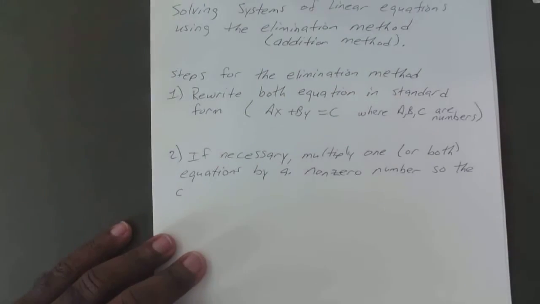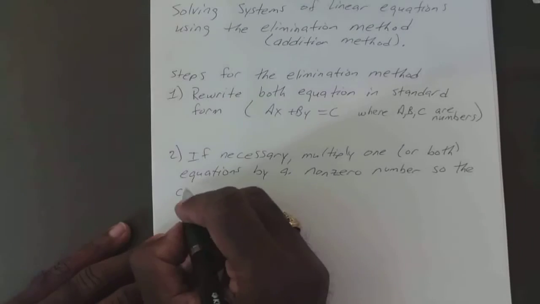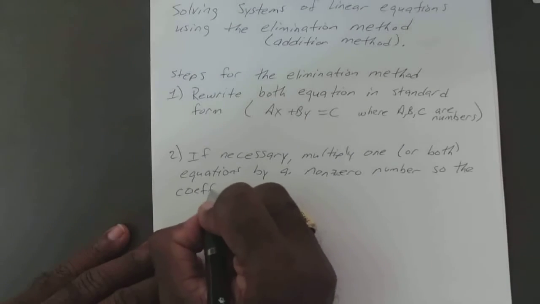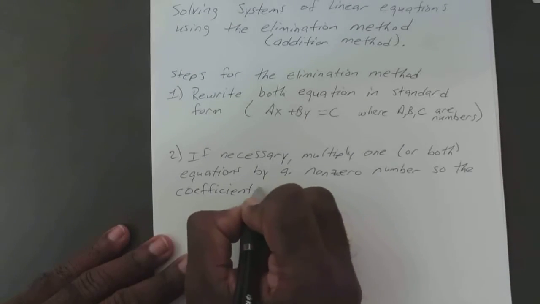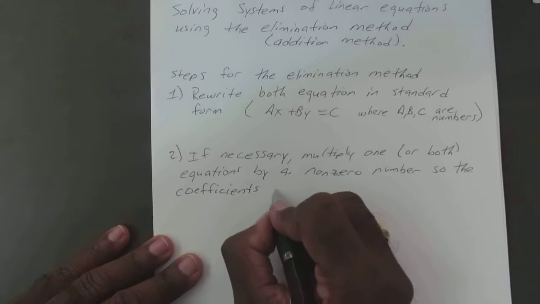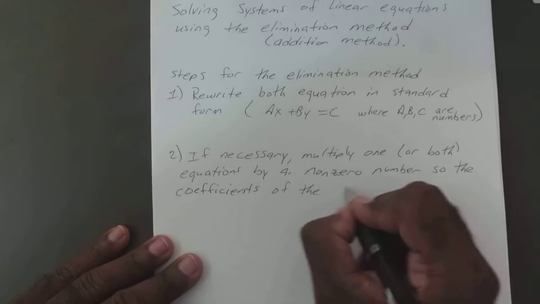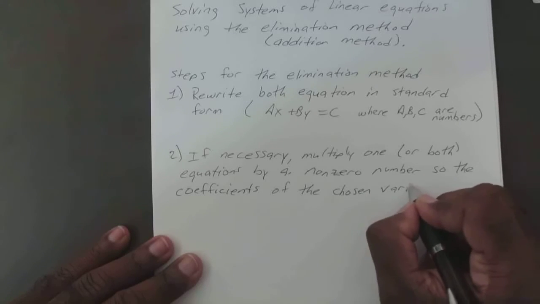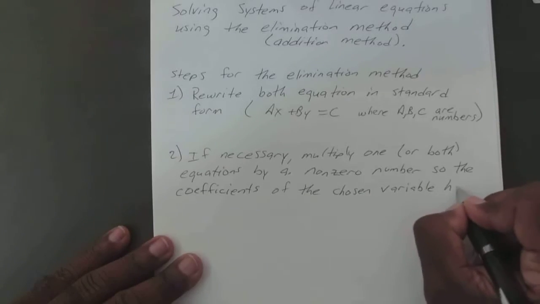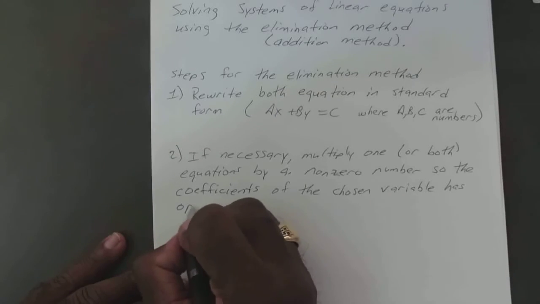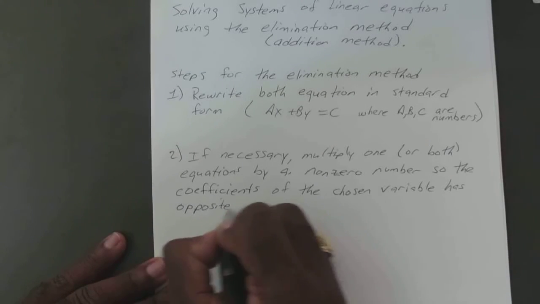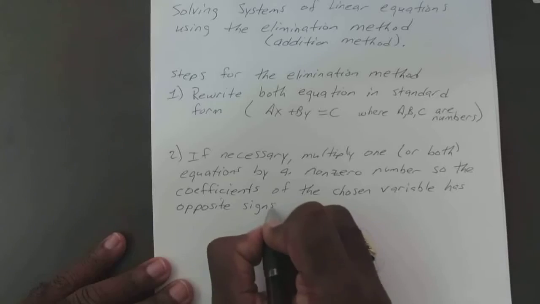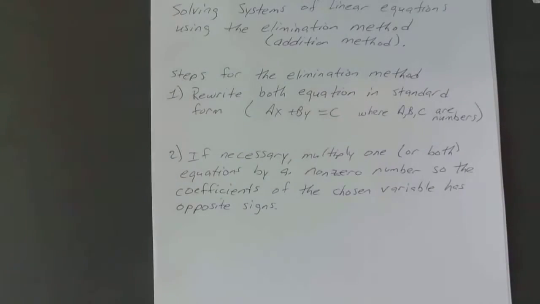Remember, the coefficient is just the number in front of the variable. So you want one to be positive, one to be negative.